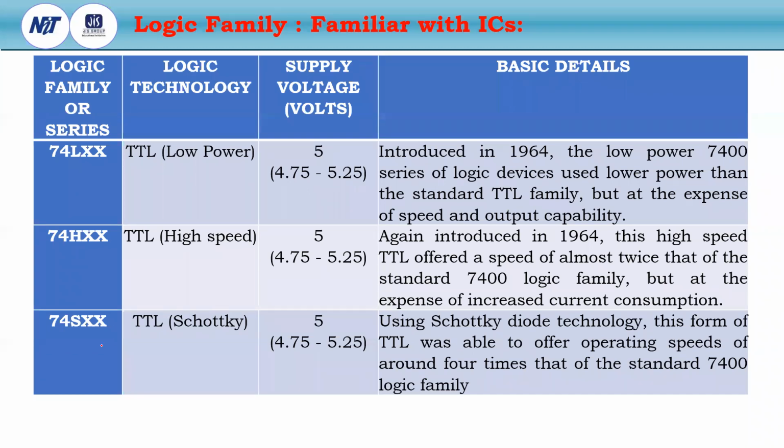And 74S, this is the Schottky type of TTL, 74SXX. This form of the TTL was able to offer the operating speed of around 4 times that of the standard 7400 logic families. Very much high speed.